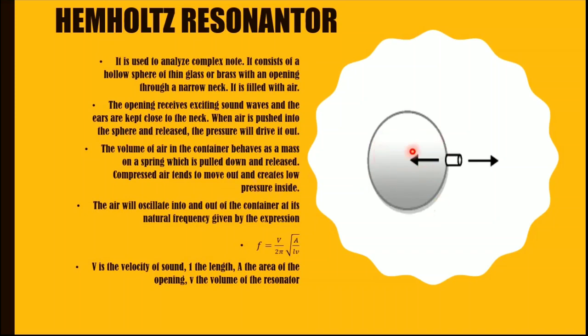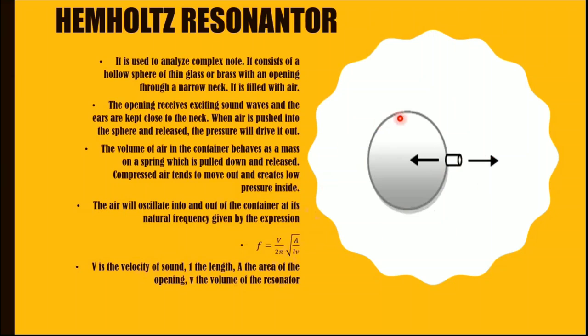The air will oscillate into and out of the container at its natural frequency. So the expression is f is equal to V by 2 pi root under A by l v, where V is the velocity of sound, l is the length, A is the area of the opening, and v is the volume of the resonator.